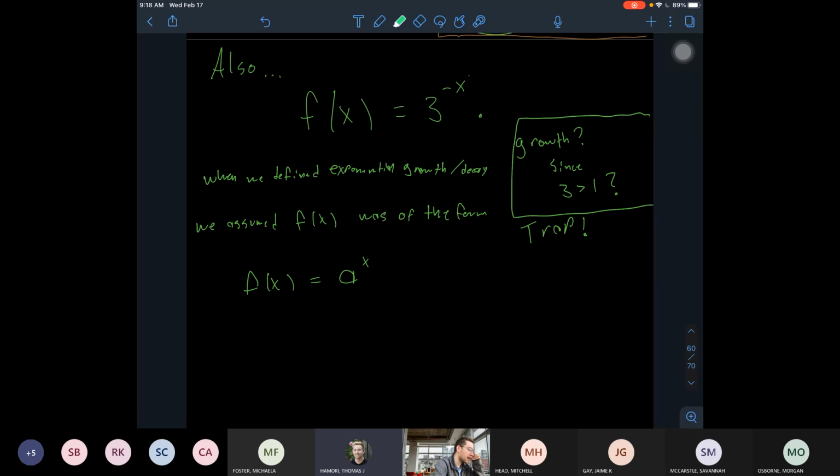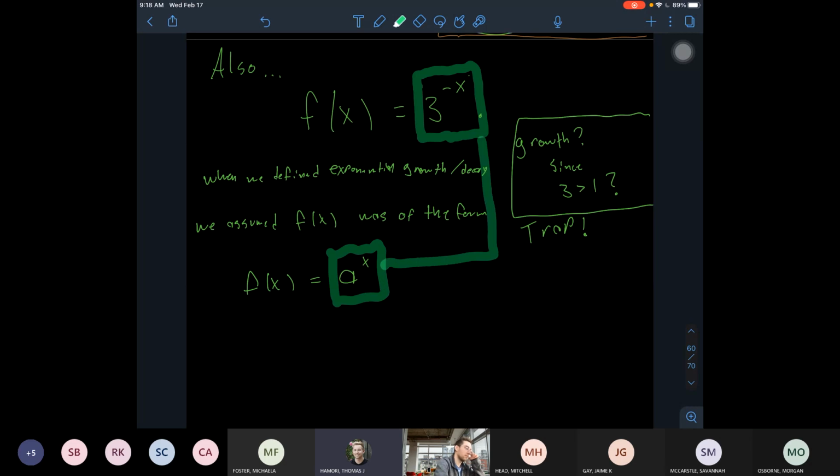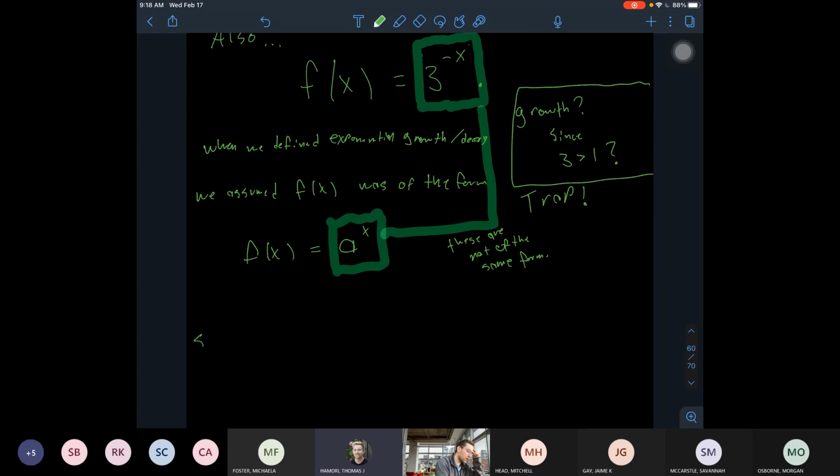And that's not in agreement with what we have written down up here. These are not of the same form. So we want to switch f of x to the right form.